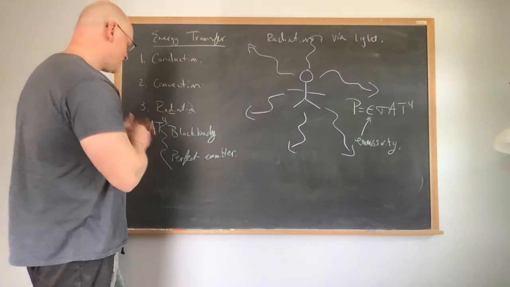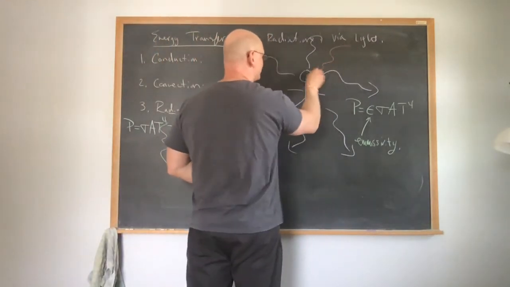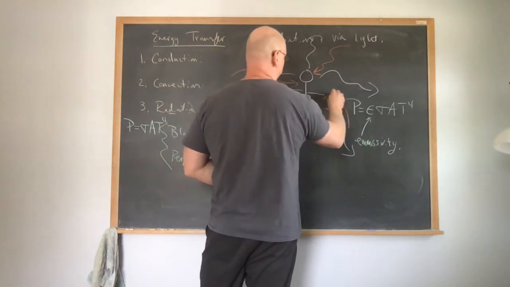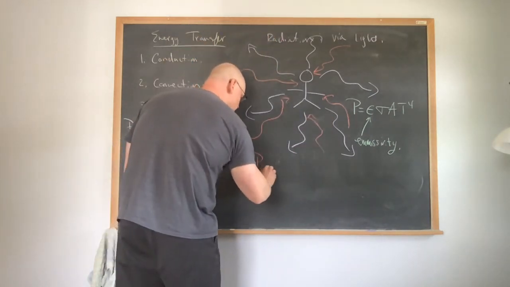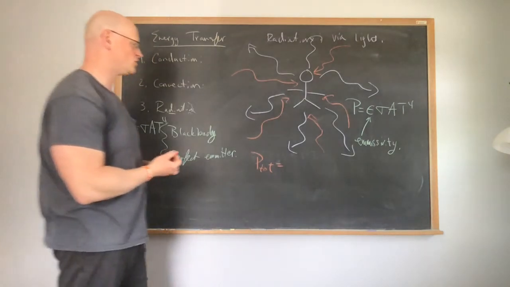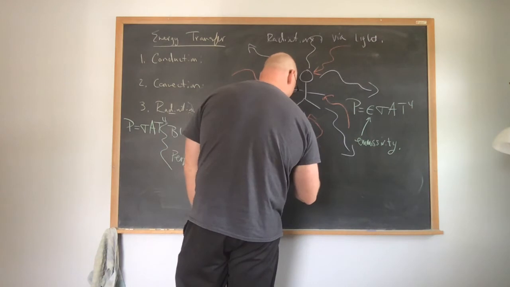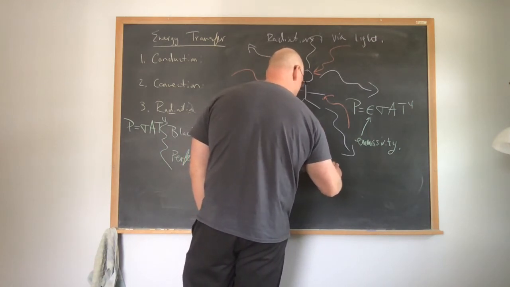Now, simultaneously, I'm giving off radiation, but I'm also absorbing radiation simultaneously. So I also have radiation which is coming in. So this means then that the total power is going to be the difference between the power that I absorb minus the power that I emit.